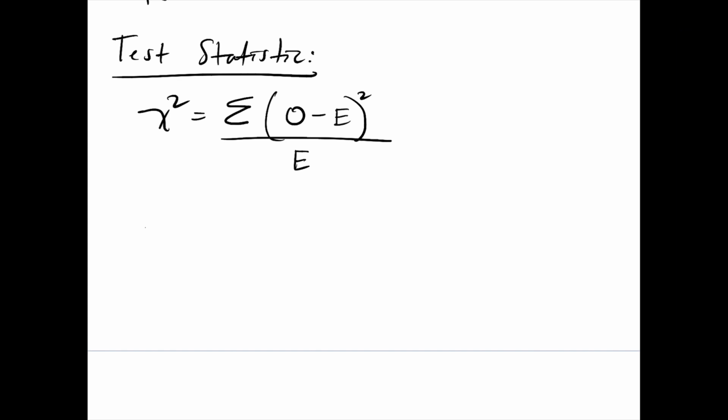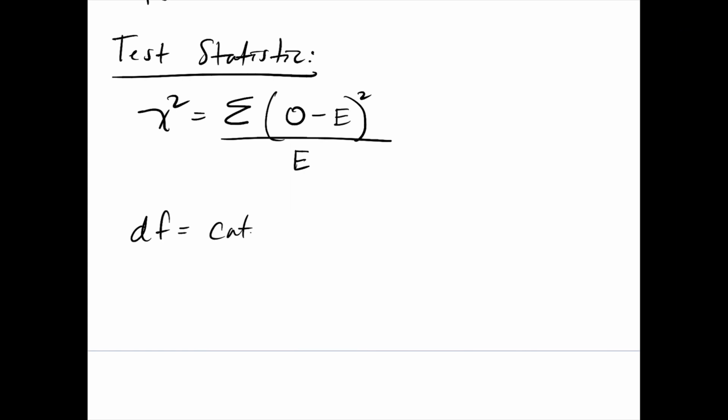Okay. Degrees of freedom. How do we find degrees of freedom? Not n minus 1, because n doesn't mean anything on this question, because we didn't have an n on this one. How do we calculate degrees of freedom? The categories.